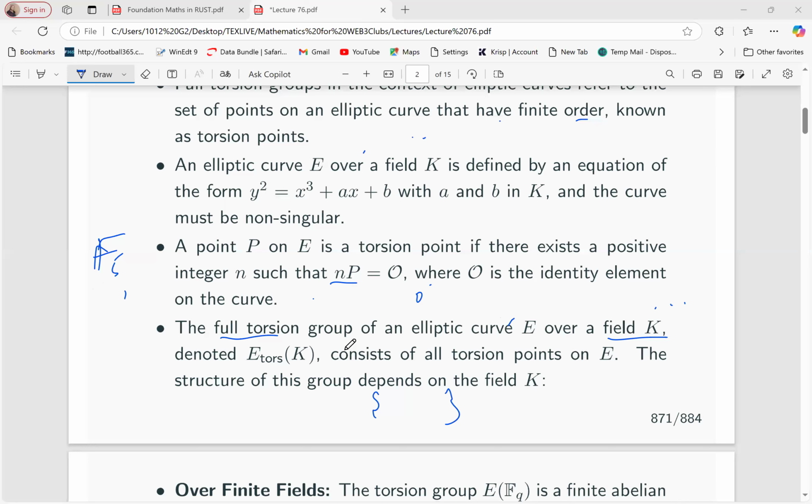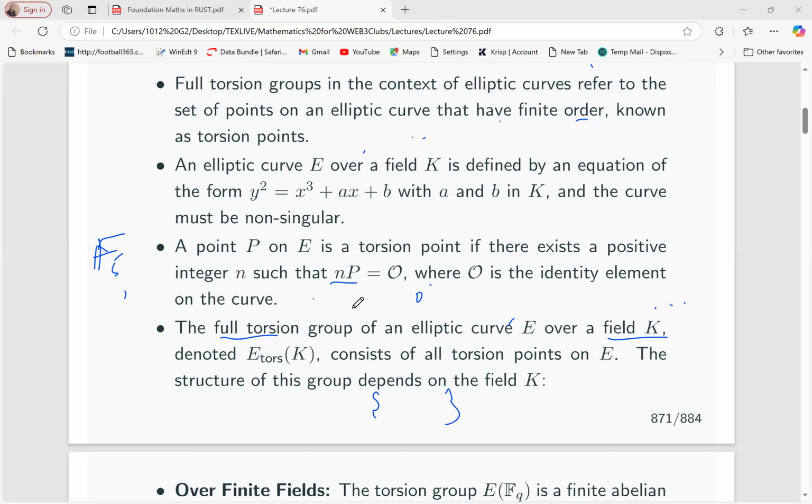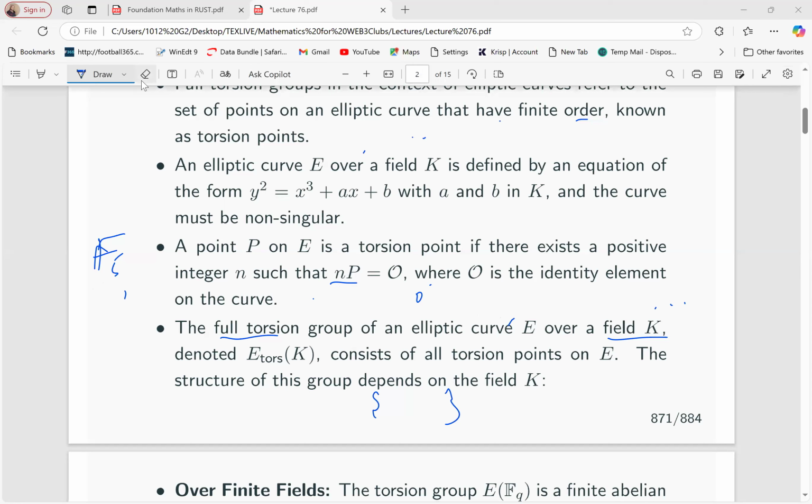Now, we could also have other fields. But of course, for us in cryptography and security, we are much interested in the finite field and not the other fields. But I just mentioned these other fields so that we can also get to know how it works. But our point of interest mostly is the finite field, and that is how we will proceed.